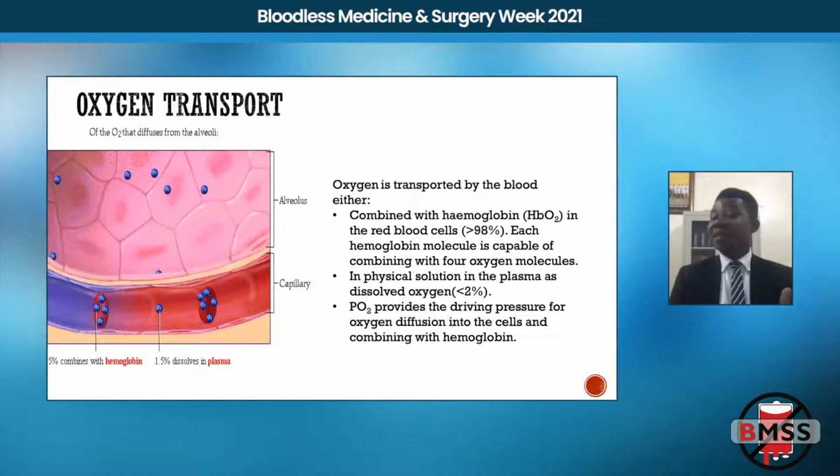Oxygen tension provides the driving pressure for oxygen diffusion into the cells and for combining with hemoglobin. In the resting body, there are certain terms we need to have an idea about so that as we explain the transport of oxygen in the system, we'll have a clear picture of it.